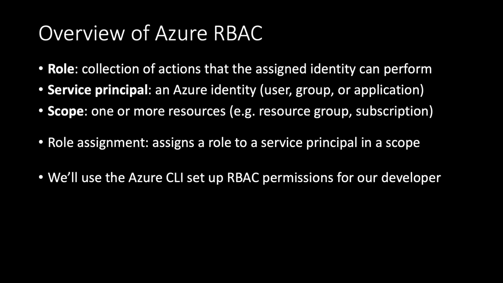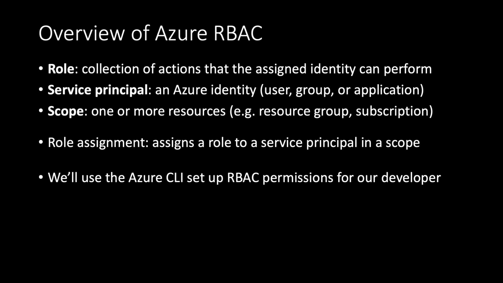Next is a service principal, which is an Azure identity of some type. This could be a user or a group or even an application that has been assigned an identity. The third component is a scope, which describes a set of resources. A resource group or a subscription are a few ways to specify the scope for RBAC.